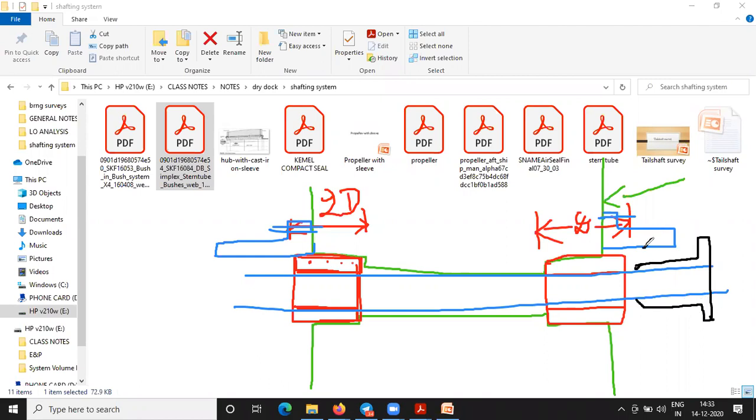Lip seals, again directional. Then again here. Tail shaft, propeller boss.